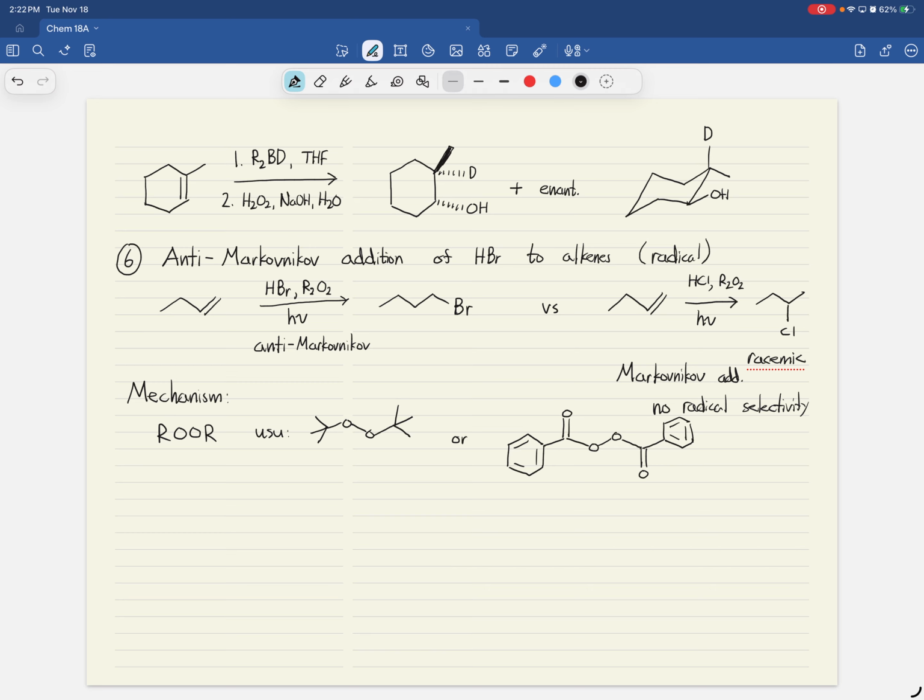Those are the R groups in the R2O2, the species that are reacting. We usually don't write these out because, other than breaking the central bond, they don't really do anything else besides getting rid of a hydrogen or forming the bromine radical.